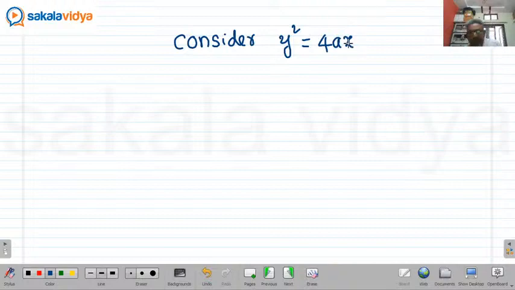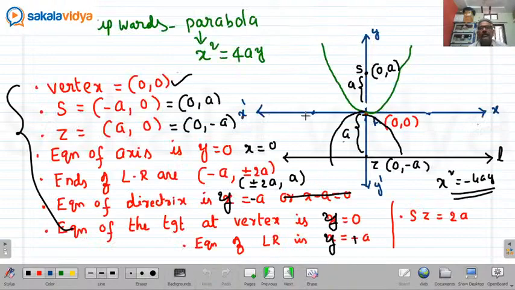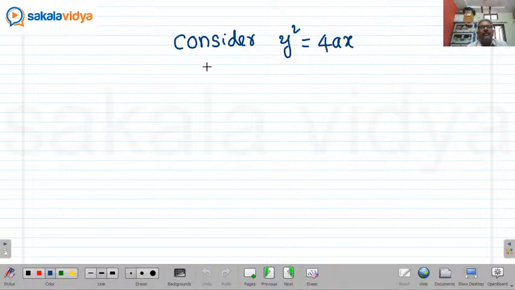So tangent I will show. This is the tangent. Tangent at A is y is equal to 0, equation of x-axis. Consider y square is equal to 4ax. So generally the curve will be like this, parabola curve.